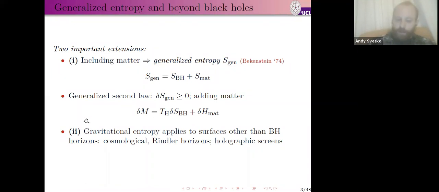And the second extension is that gravitational entropy applies to surfaces other than black hole horizons. In particular, you can assign an entropy to the cosmological horizon in de Sitter space, to the Rindler and accelerating horizons in flat space, and more generally to what are called holographic screens.